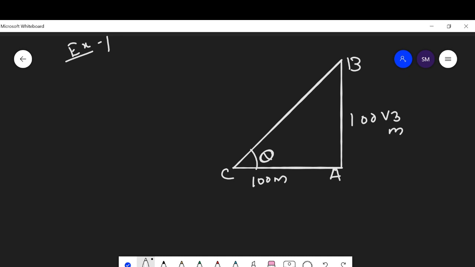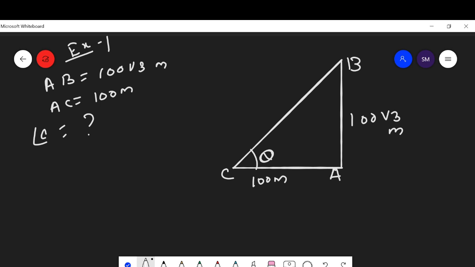Here the tower AB is equal to 100 root 3 meter and AC is equal to 100 meter. You have to find the measure of angle C.